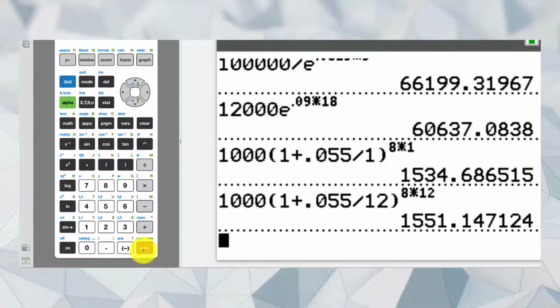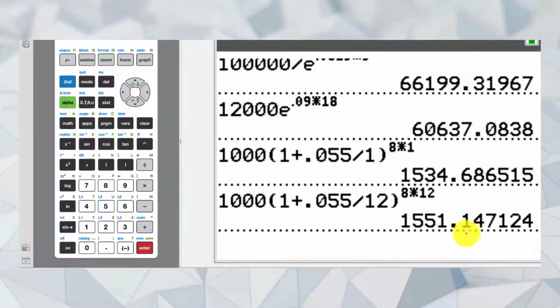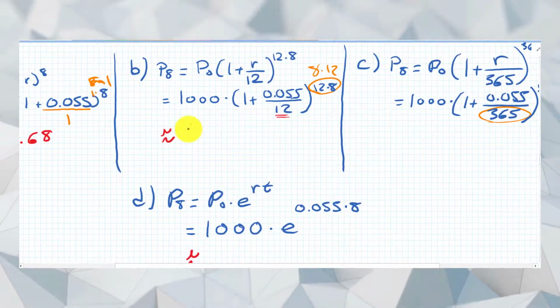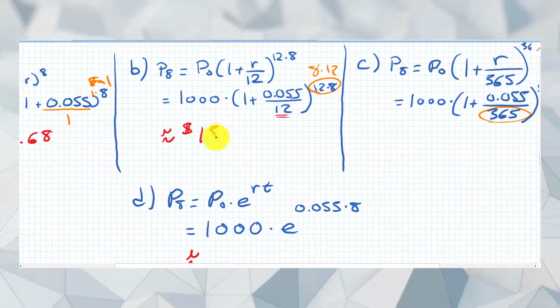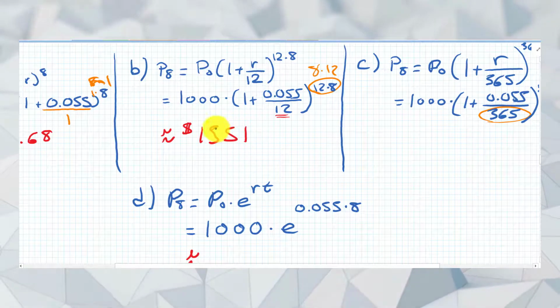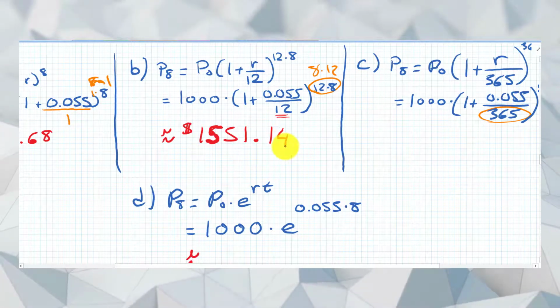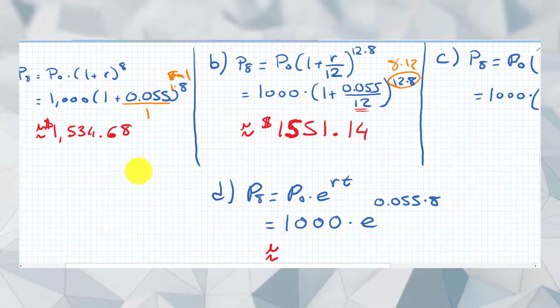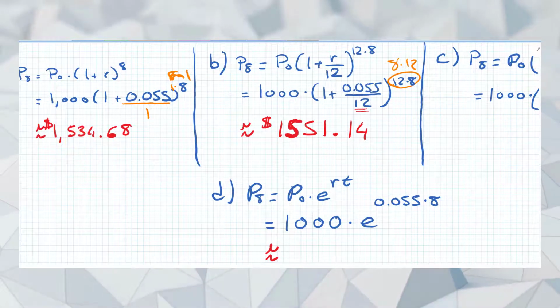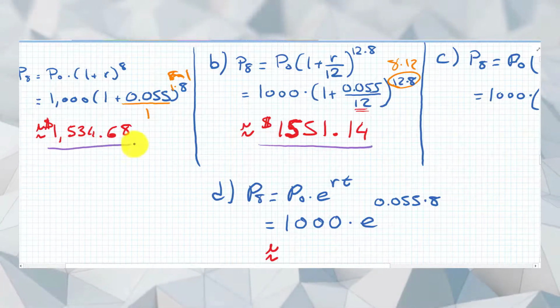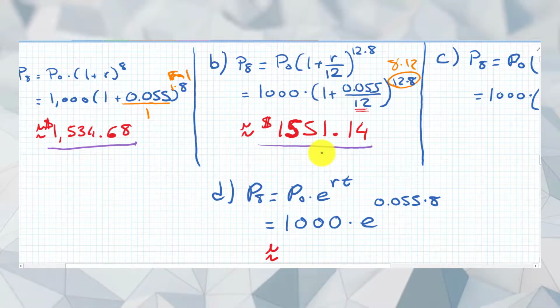Okay, what is that? $1,551.14. So you see, it is better, as expected, it is better when we compound monthly than when we compound yearly. Why? Because of interest on interest.